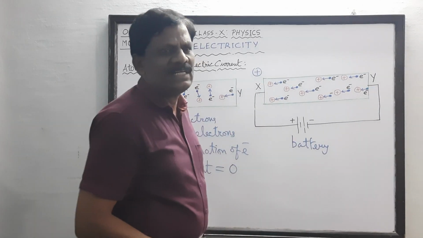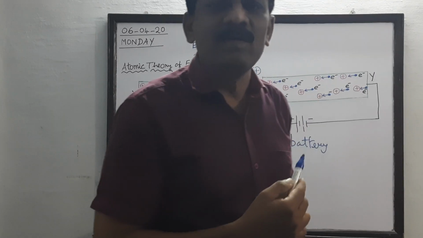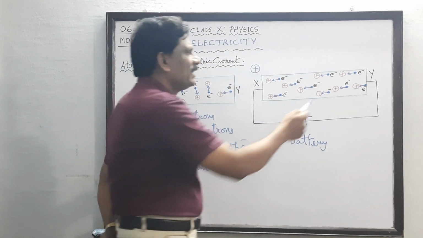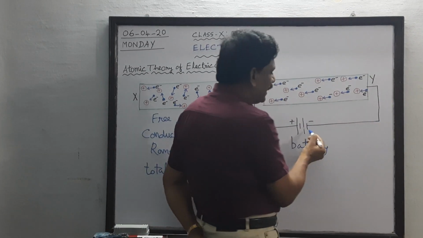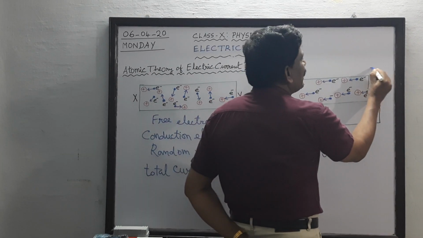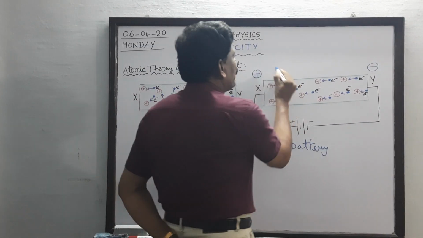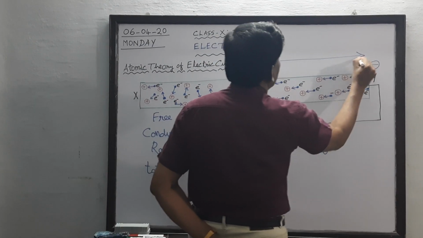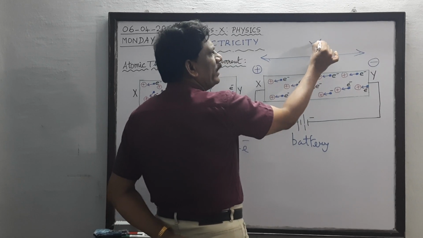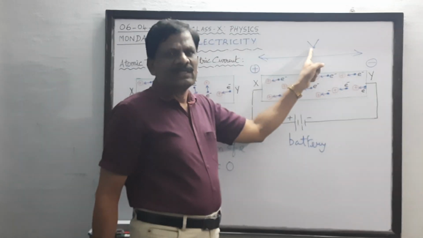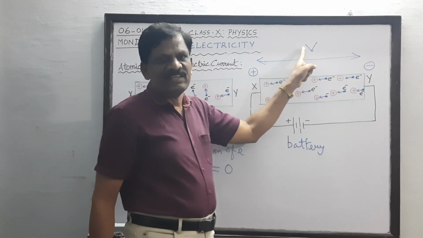End X has a positive potential, or positive terminal. And the other end Y is connected to the negative of the battery and hence it has a negative potential. So, there is a potential difference between the two ends of the conductor, which is represented by V. This V is the potential difference.